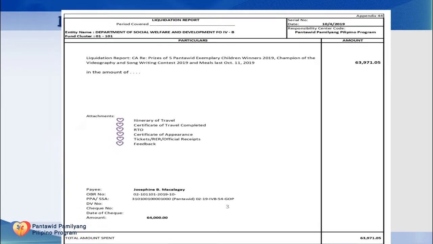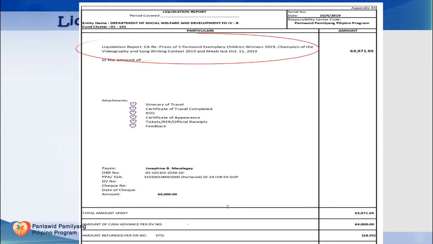Aside from this is the code assigned to each cost or responsibility center. Next is the brief description of the expenses incurred or deviation from the original itinerary of travel. Then, the amount of expenses covered by the report. Next is the actual amount spent.